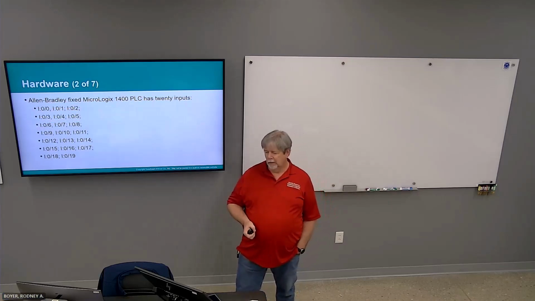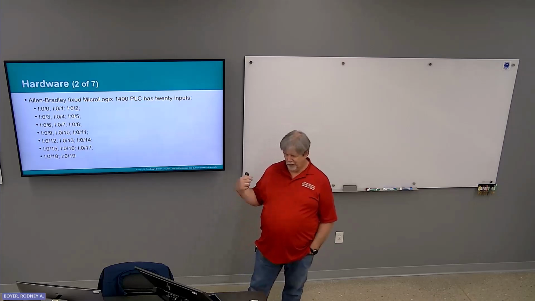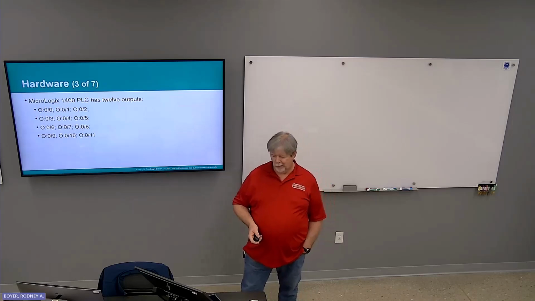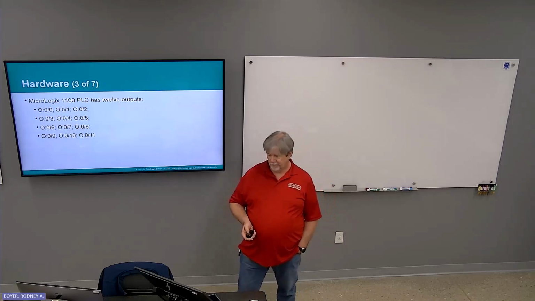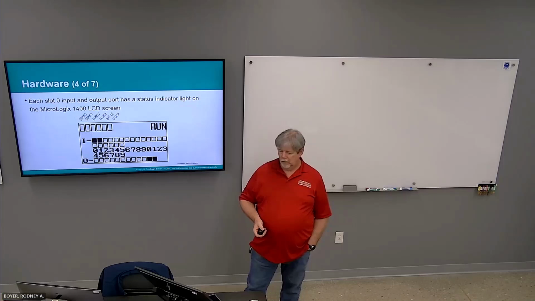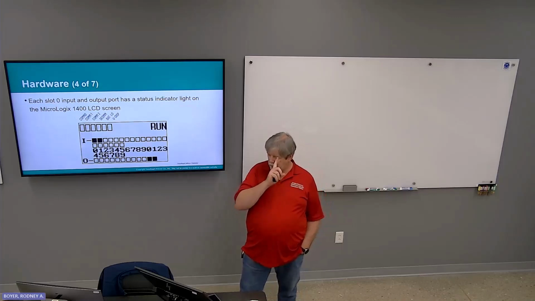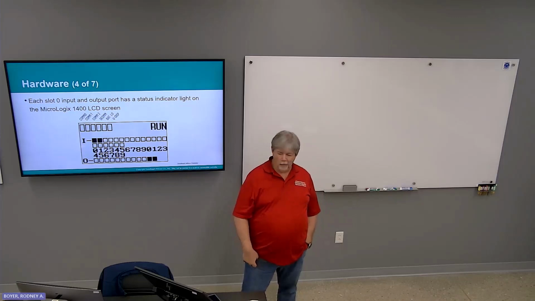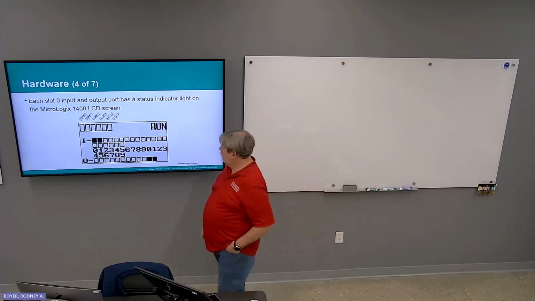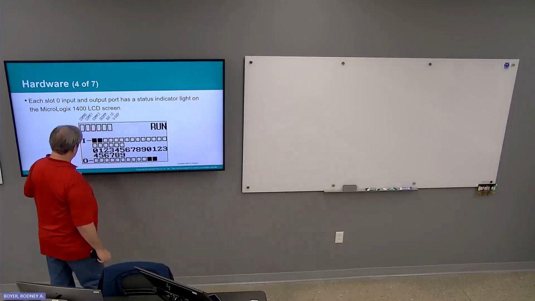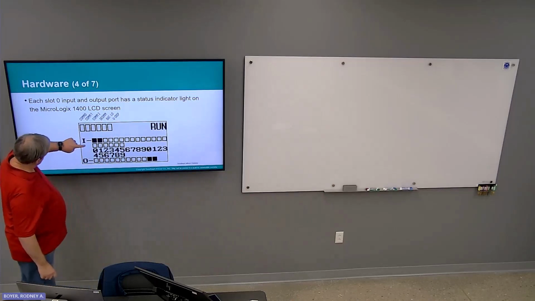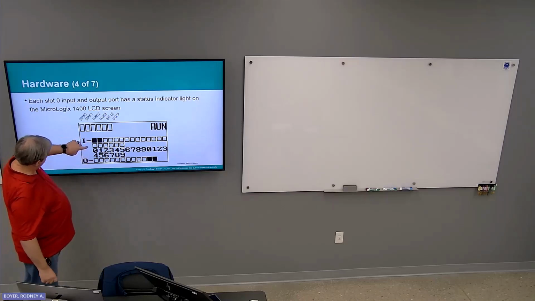MicroLogix has 20 inputs, 0 through 19, and 12 outputs, 0 through 11. That's the LCD screen for slot 0. So these are the inputs, these are the outputs.